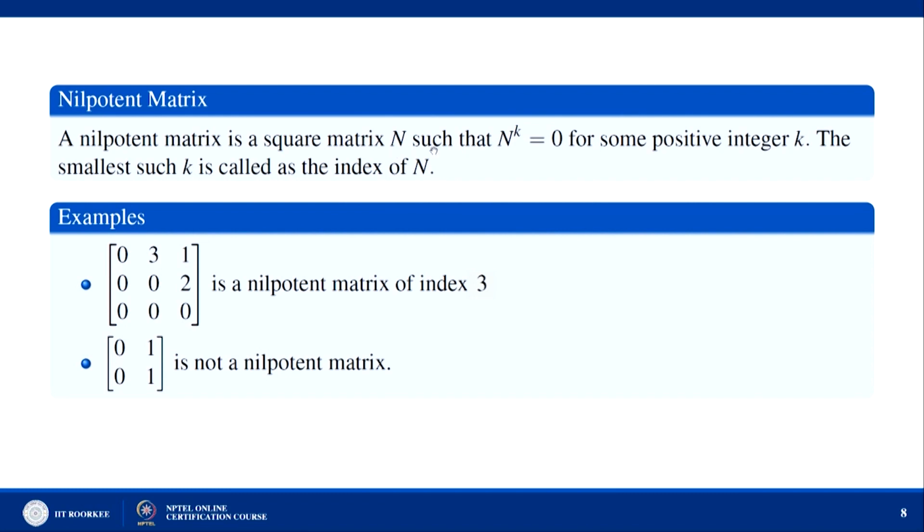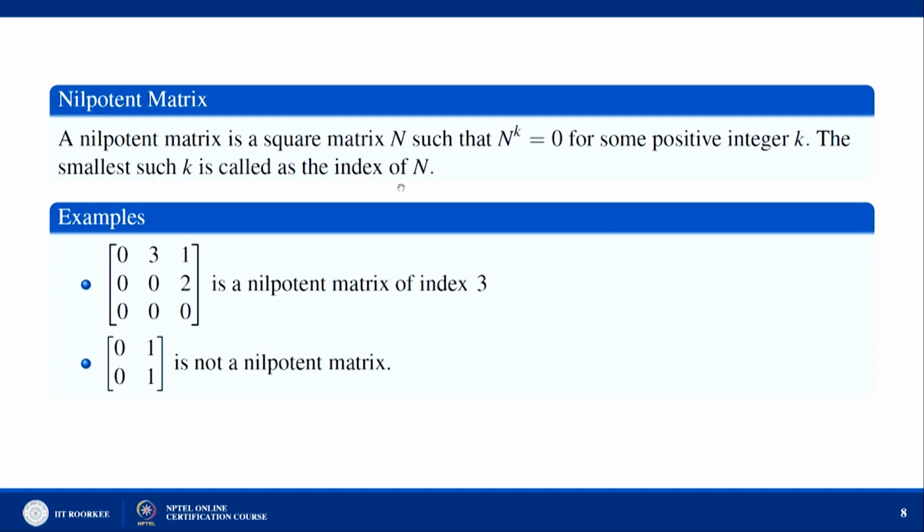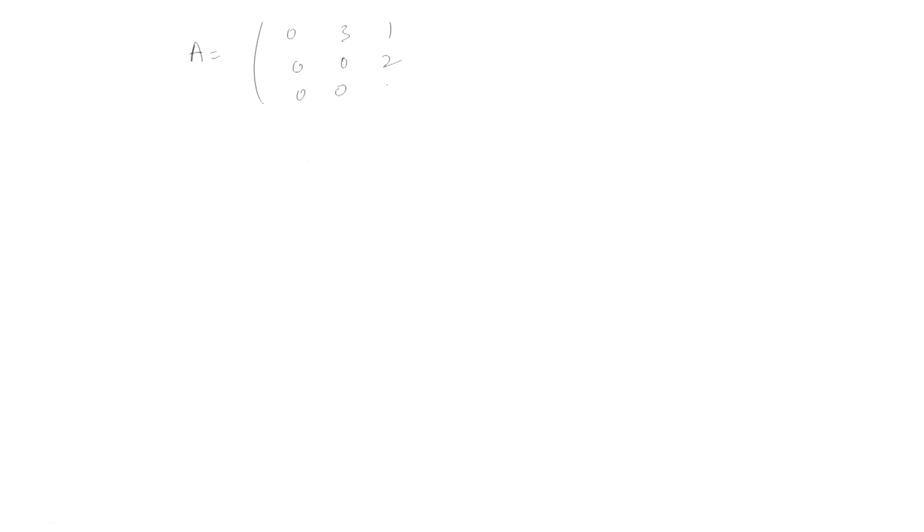Next are nilpotent matrices. A nilpotent matrix is a square matrix N such that N raised to the power k is 0 for some positive integer k, and the smallest such k is called the index of the matrix N. Suppose you consider this matrix, 0 3 1 0 0 2 0 0 0.